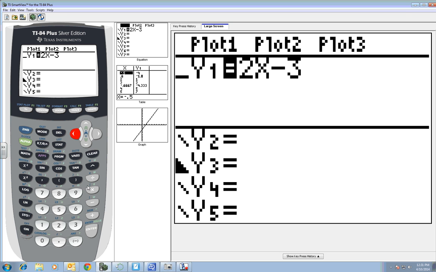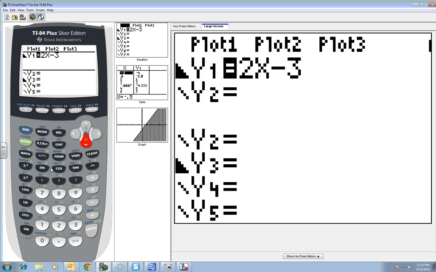Below, less than would be below. So I'm going to put my cursor right before my Y, and I'm going to press enter until it shows me that it's shading below the line. You see it? I had to press enter, I think it was 4 times, and that's what I got. So now I'm going to go down to Y2.